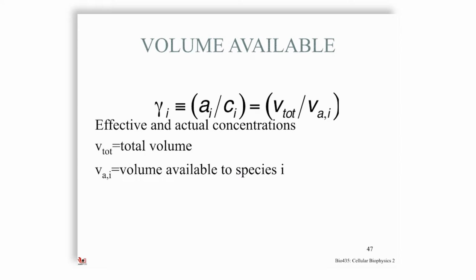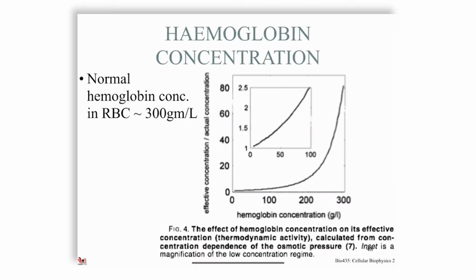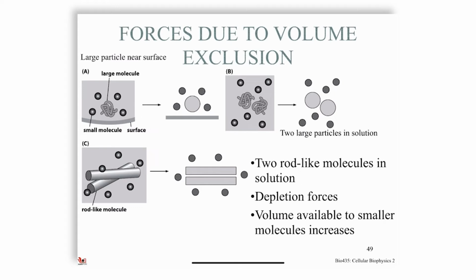As the molecule's volume that you need to add increases, this number goes to 1 potentially, and tells you about the so-called possibility of adding something in. So coming back again to hemoglobin concentration and the osmotic pressure, this graph essentially demonstrates increasing effective concentration and the role of hemoglobin on osmotic pressure.